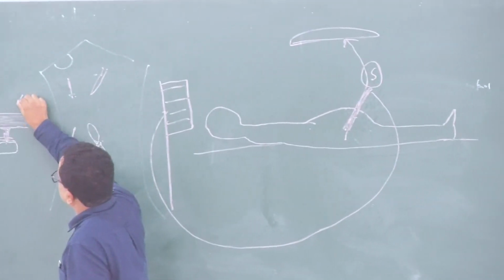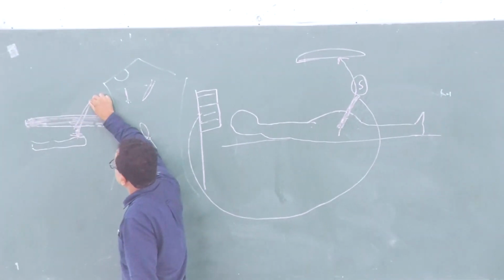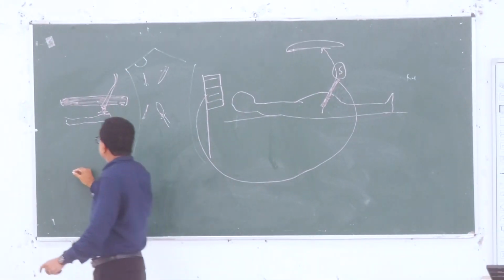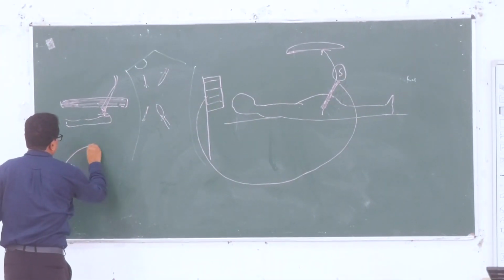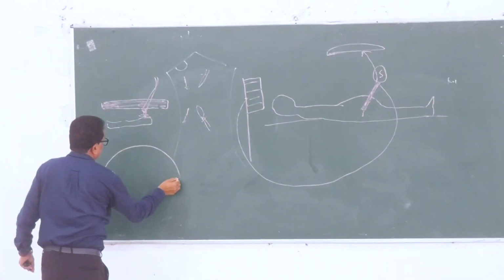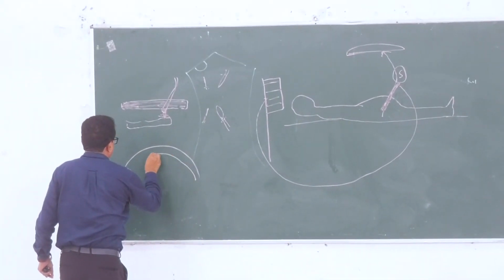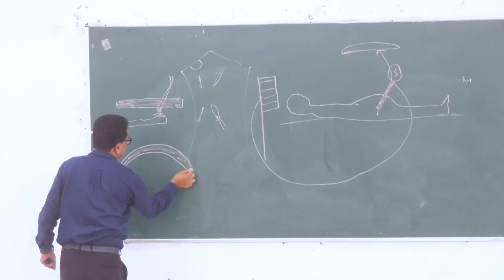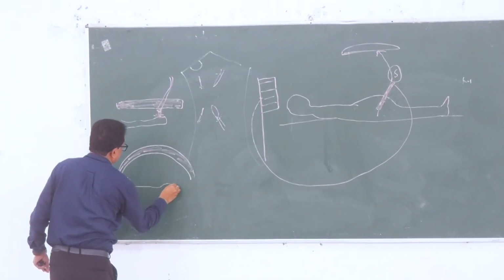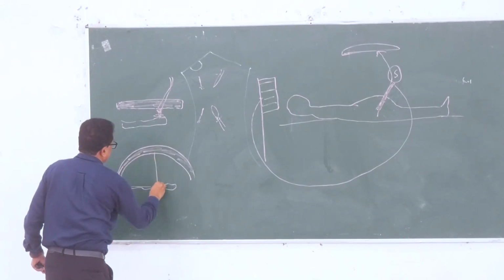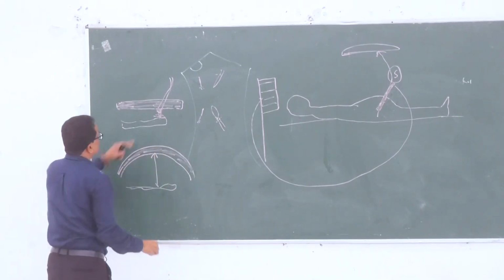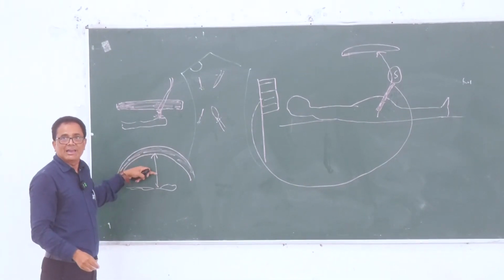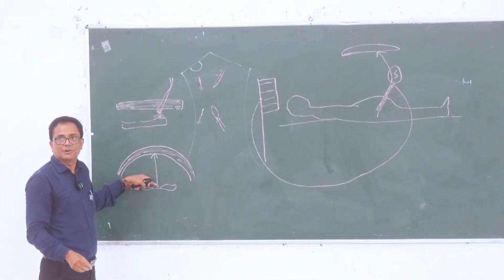If I blow air into it, suppose I made the port and then I am blowing air, then what will happen? The anterior abdominal wall becomes like this, and now here is the gut. Now this gap, which was very close, has become, I have got enough space to work in.